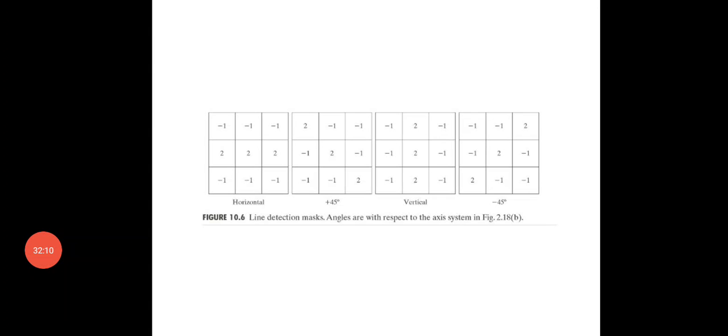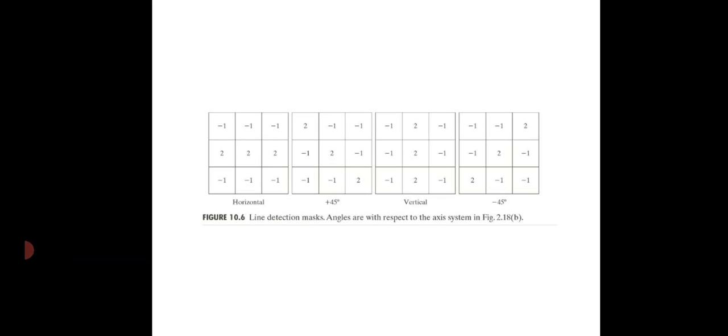R is equal to w1z1 plus w2z2 plus up to w9z9, that is, the summation over k equal to 1 to 9 of wk zk. Suppose that an image is filtered with the 4 masks. If at a given point in the image the magnitude of Rk is greater than the magnitude of Rj for all j not equal to k, that point is said to be more likely associated with a line in the direction of mask k.